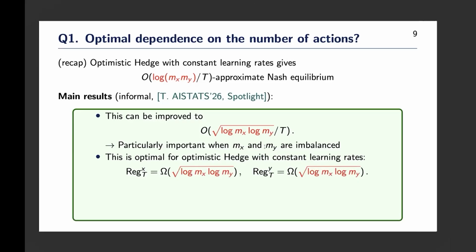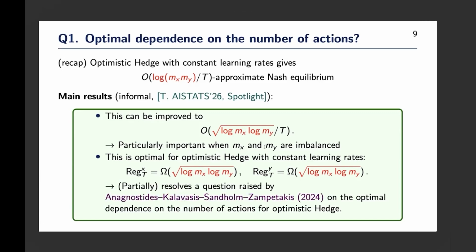And what we also show is that this rate is optimal for optimistic hedge with a constant learning rate. This partially resolves the question raised in a 2024 paper on the dependence on the number of actions for optimistic hedge.